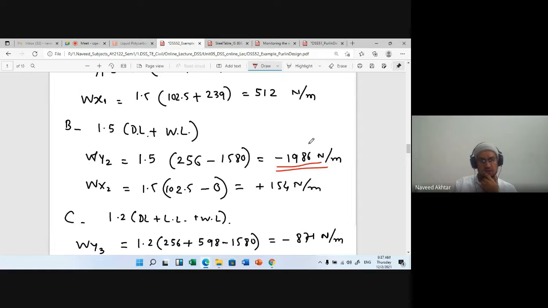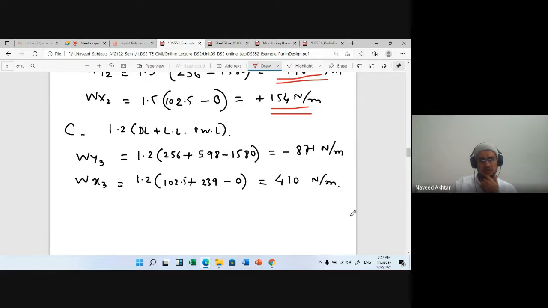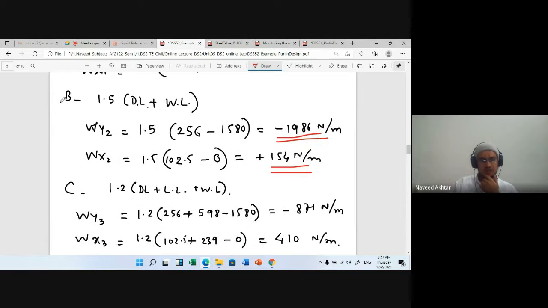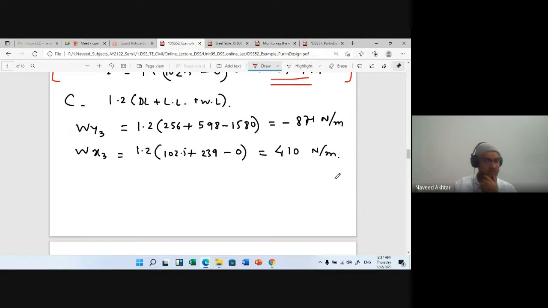So you can see that the worst combination is this one, 1.5 times of dead load plus wind load. So we will take it for design.